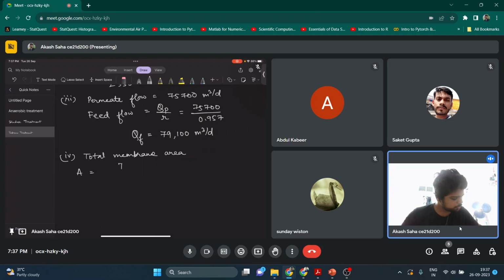So my total flow rate will be 79,100 meter cube per day. This is my total flow, so I will divide it by the flux.